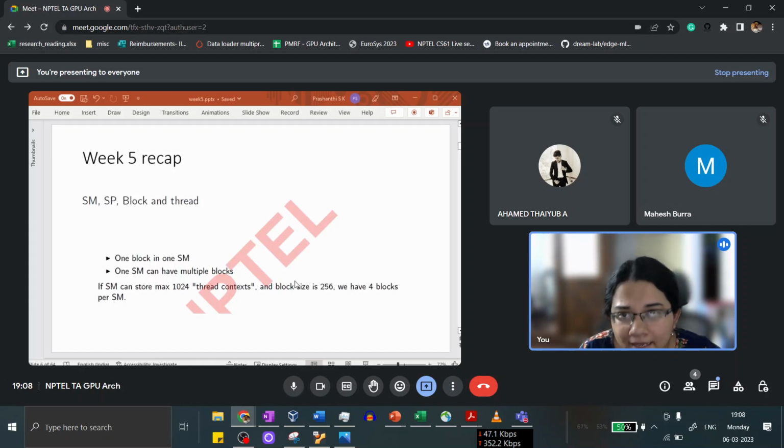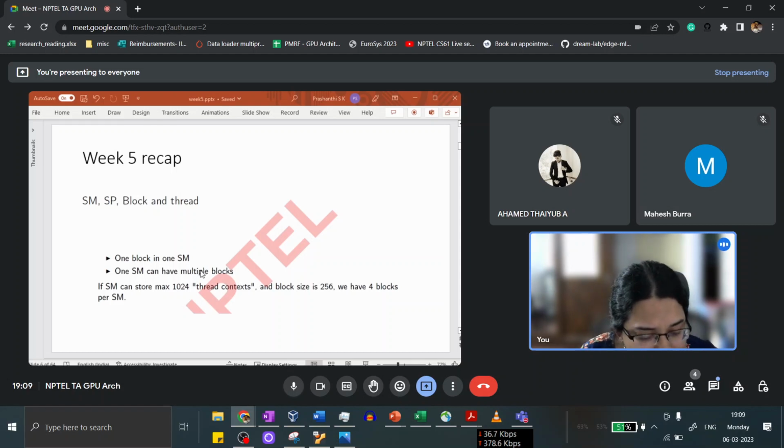As a recap, all of you are already familiar with the terms SM, SP, block and thread. What are some things to keep in mind for GPU scheduling? First of all, one block goes to one SM. You cannot have one block spanning multiple SMs.